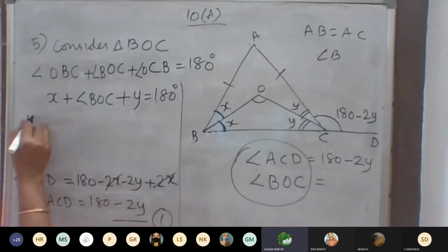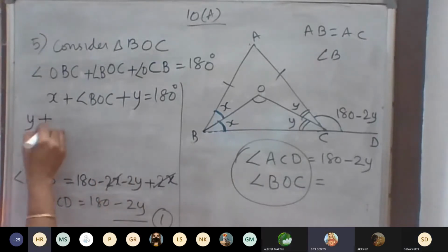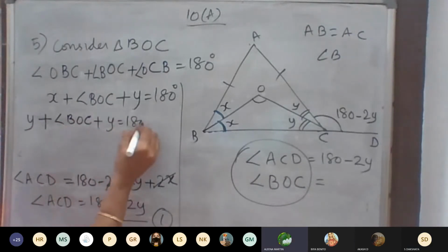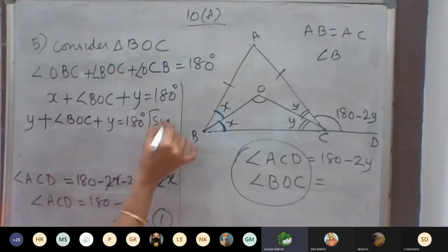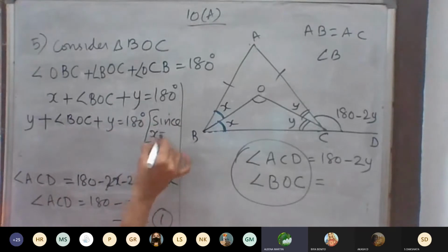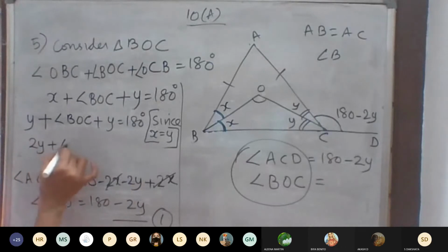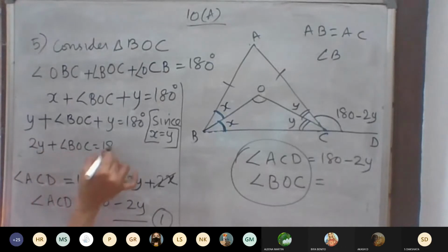We can replace x with y. So y plus angle BOC plus y is equal to 180 degrees. In brackets, you write down: since x is equal to y. y plus y, 2y, plus angle BOC is equal to 180 degrees.